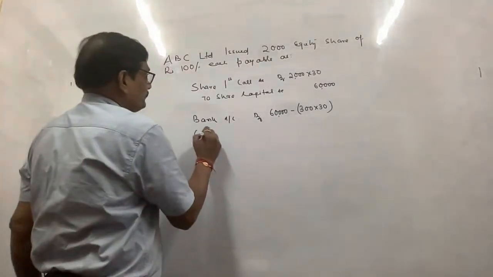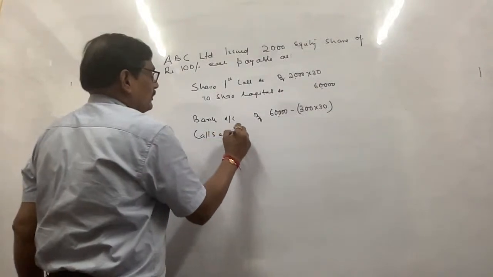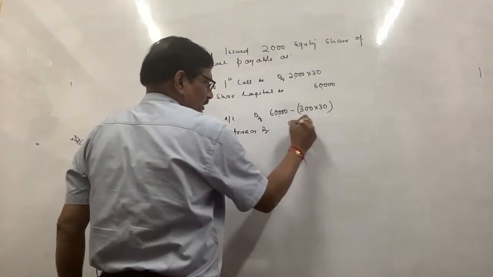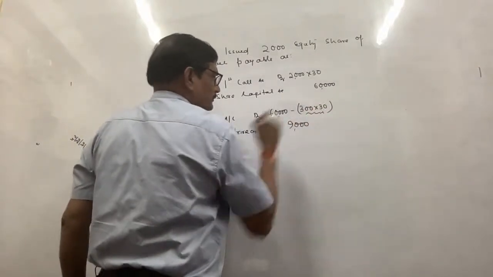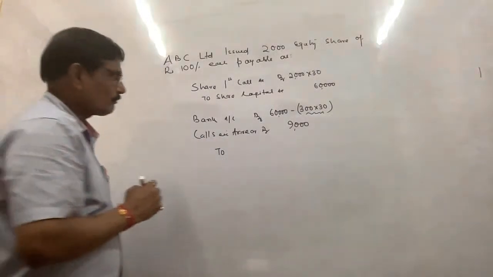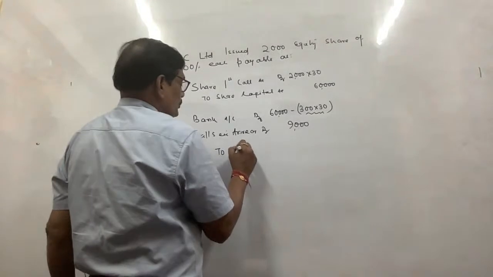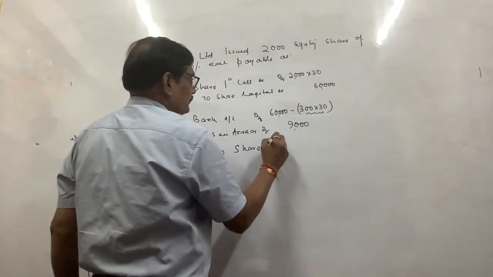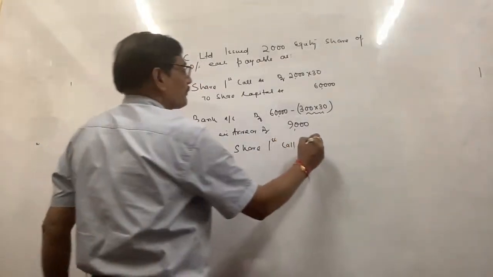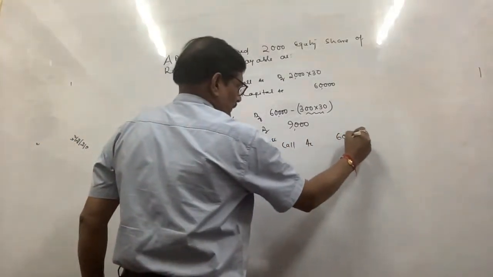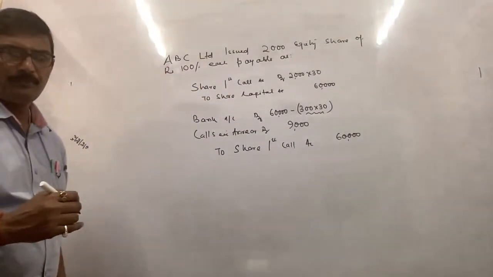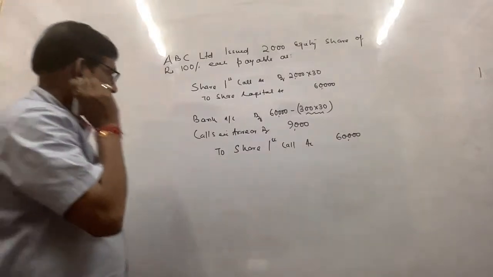So calls in advance account debit, that is 9,000, to share first call account, 60,000. Right?